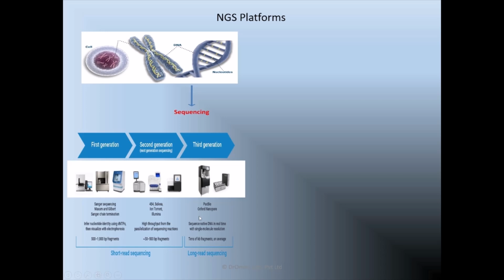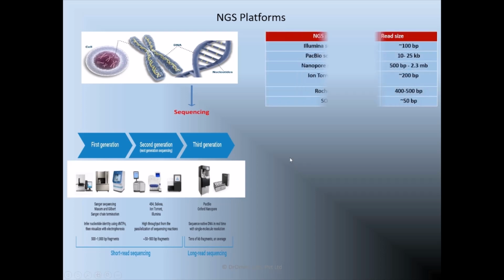And in the third generation, we can use advanced instruments such as PacBio and Oxford Nanopore. All of these platforms work differently and have different read sizes, which I have mentioned here. If we check the read sizes, Illumina provides approximately 100 base pair reads.